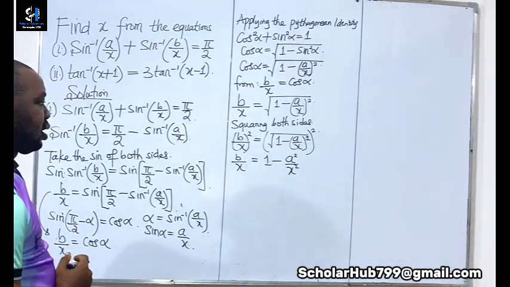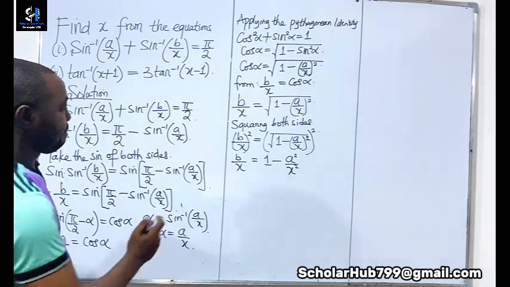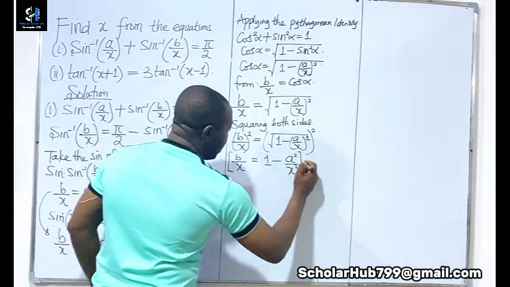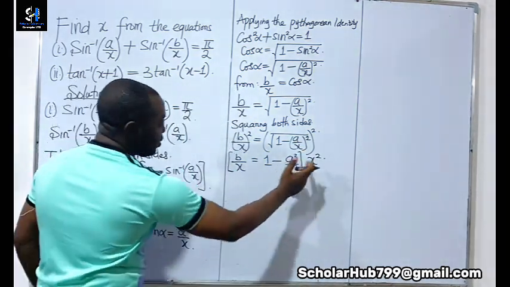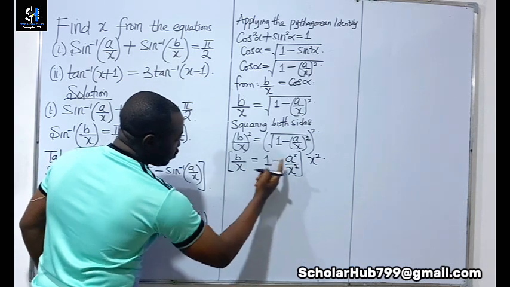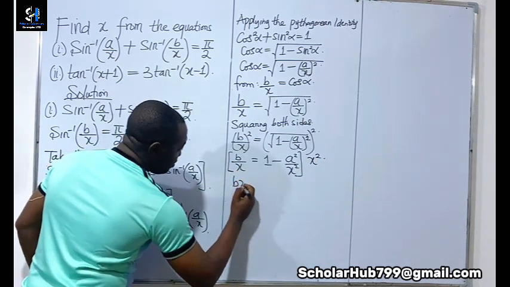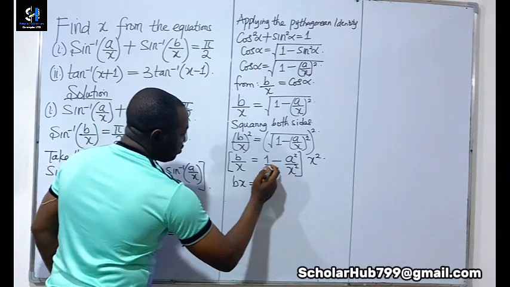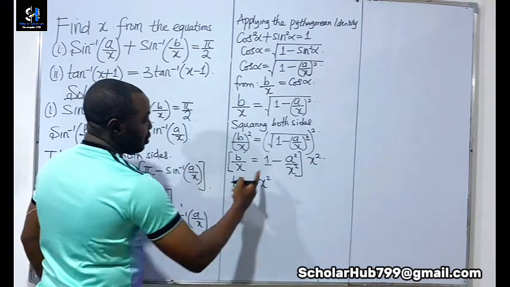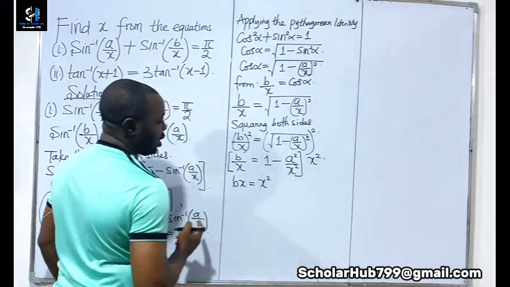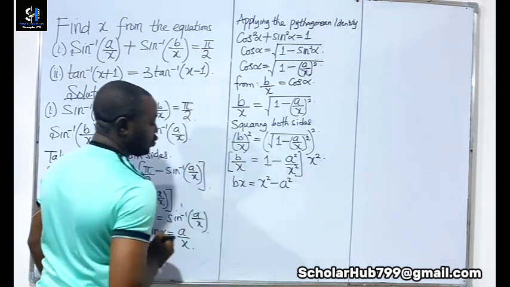Now I'm going to multiply this equation by x squared. So x squared multiplied by b squared over x squared gives b squared, x squared multiplied by 1 gives x squared, and a squared over x squared multiplied by x squared gives a squared.